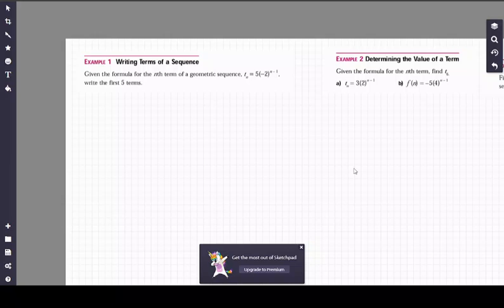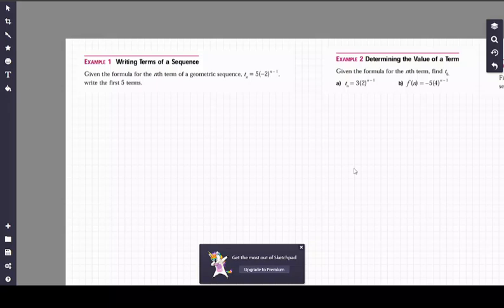The main big difference between geometric and arithmetic sequences is that in an arithmetic sequence you add by the same amount every time, which we call the common difference. However, in a geometric sequence, we don't do that. We multiply by a common ratio.